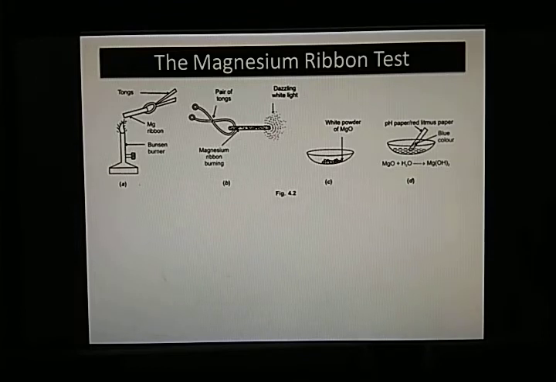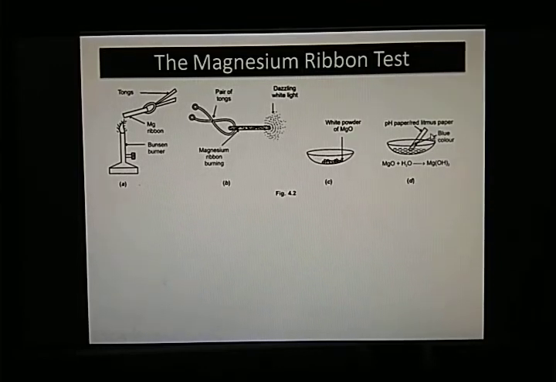Leaving that aside for the time being, how to check whether it is acidic or basic in nature? Just remember what we have learned in the earlier chapter on acids, bases and salts. To check that, we will use pH paper. We will use red and blue pH paper, or you can say litmus paper also, the same thing. pH paper means litmus paper.